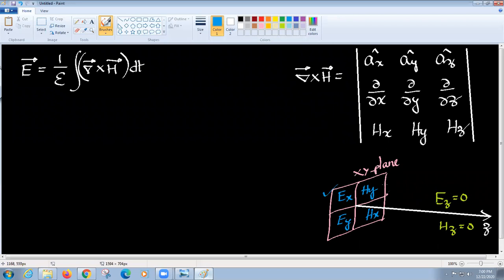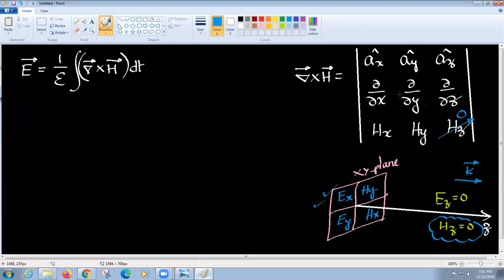These are transverse components, but these two are longitudinal components. Wherever you have a direction of propagation, along that direction I can take a wave vector k. A wave vector k is always along the spatial direction of propagation. In this example, the wave is propagating along the z-axis. Therefore, it's very simple to take Hz as 0.